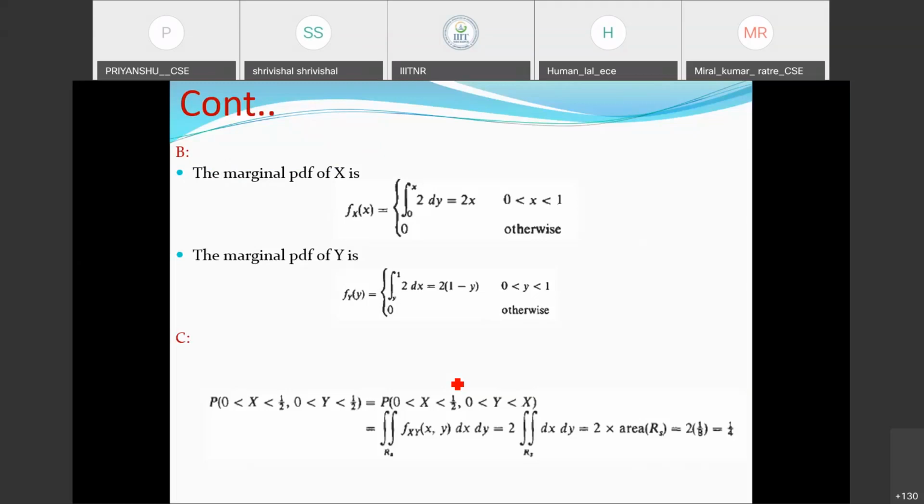So how many of you can now evaluate? How many of you got the correct response? 2x and 2 times 1 minus y, I could see. Okay. So those who got the correct response, just inbox me here.